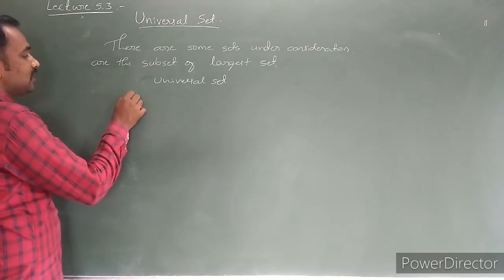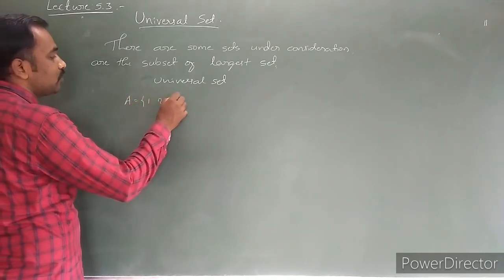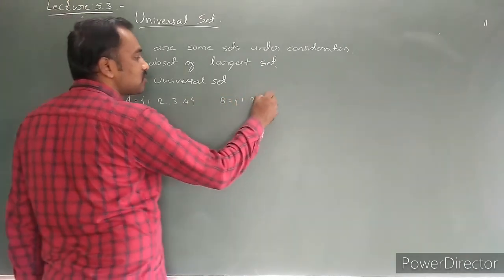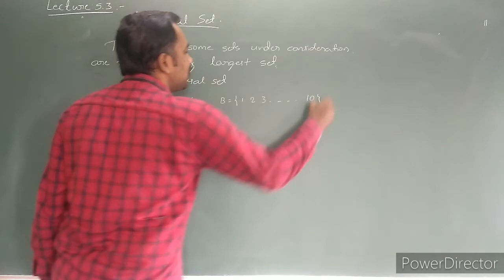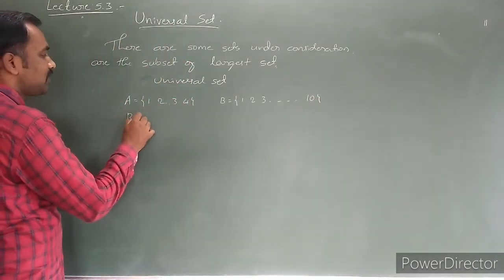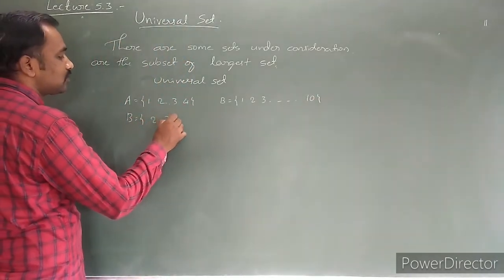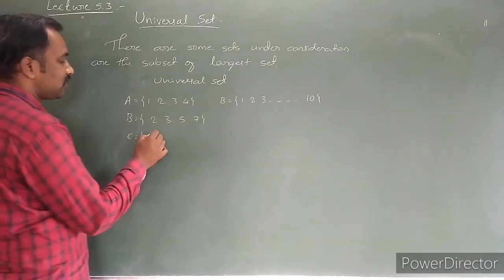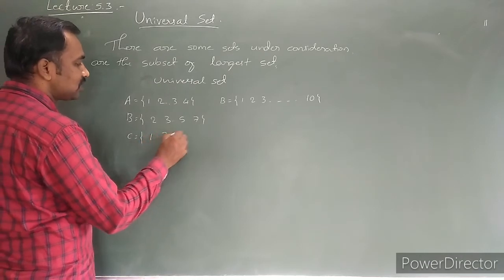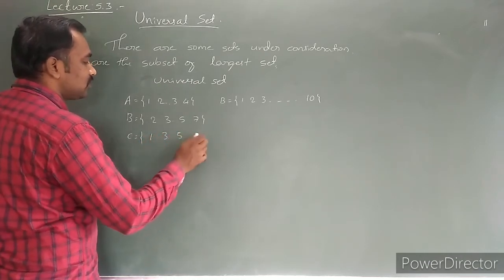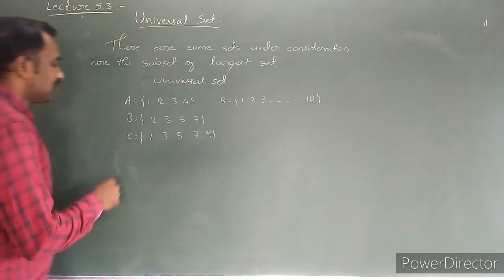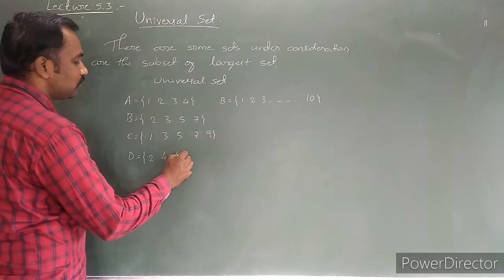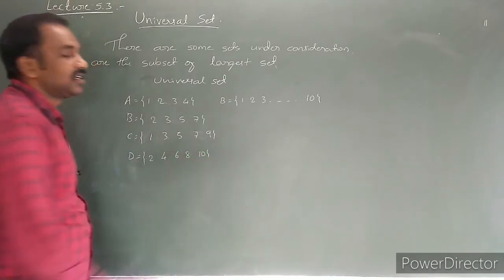For example, suppose A is equal to {1, 2, 3, 4}, and B is equal to the first 10 natural numbers. Set B is equal to {2, 3, 5, 7}, and set C is equal to {1, 3, 5, 7, 9}, and set D is equal to {2, 4, 6, 8, 10}.